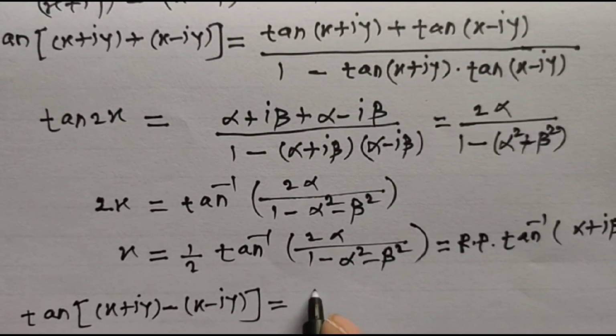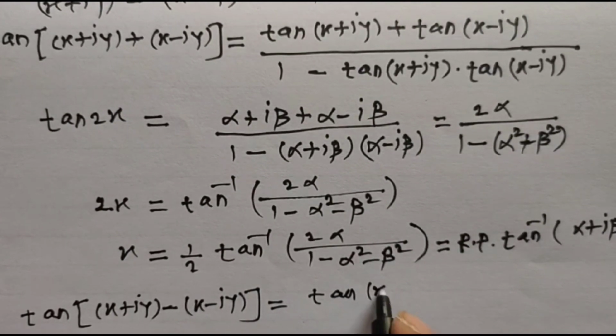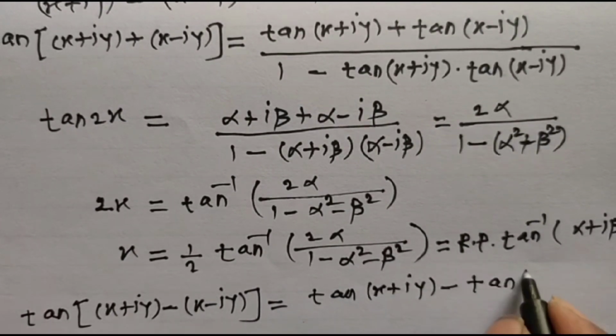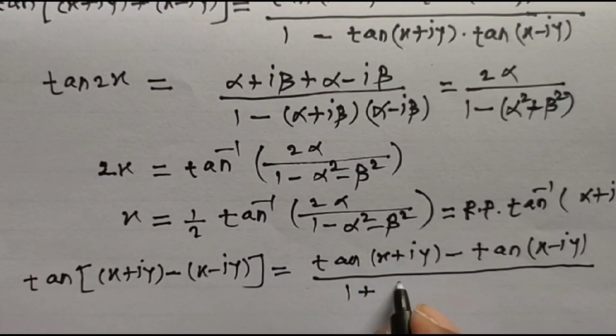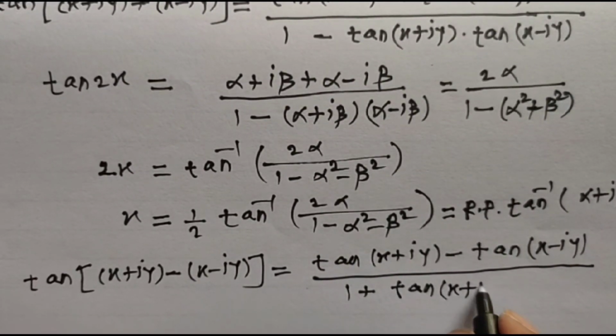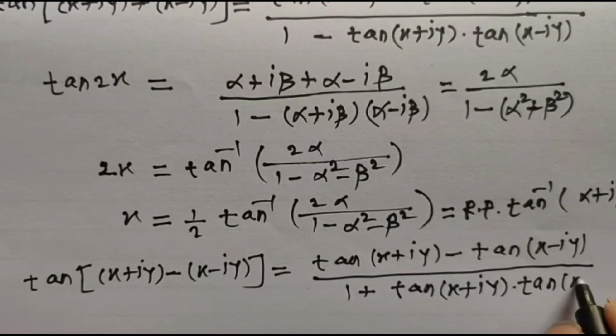This is equal to tan(x+iy) minus tan(x−iy) divided by 1 plus tan(x+iy) into tan(x−iy).